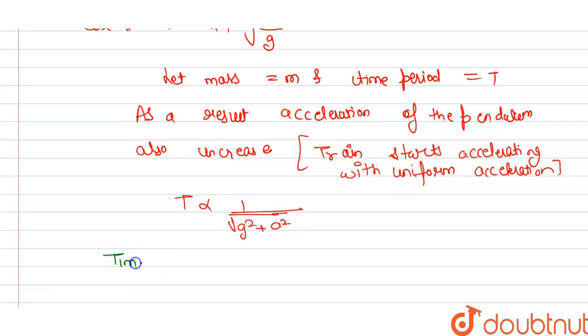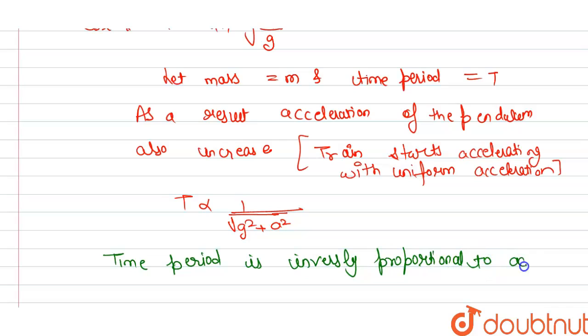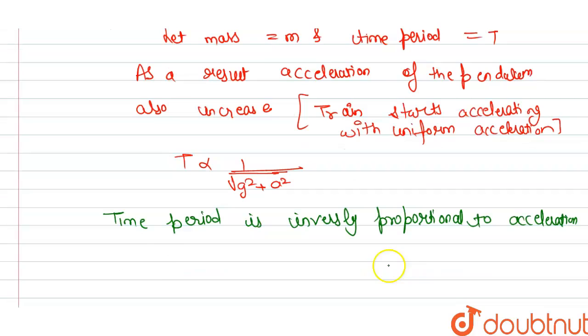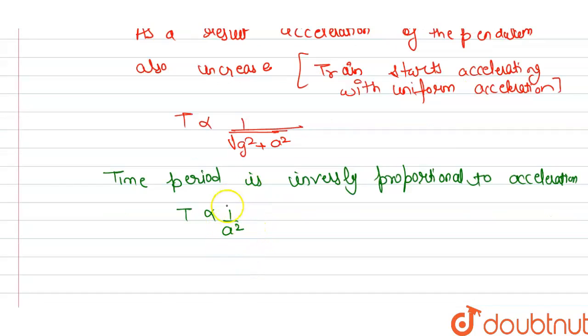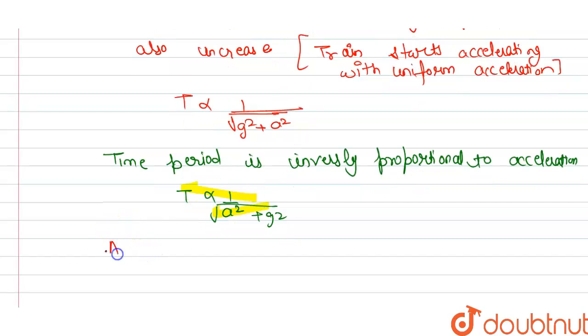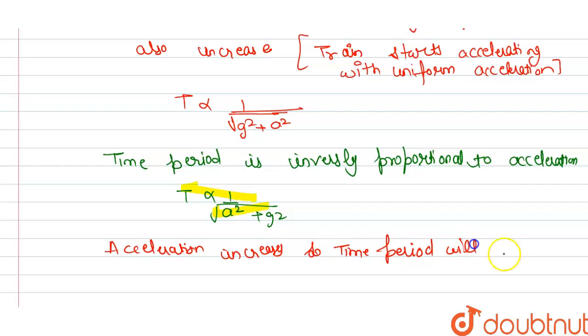So from this we can say that the time period is inversely proportional to the acceleration. If the acceleration increases, the time period will decrease. So the net time period will decrease here.